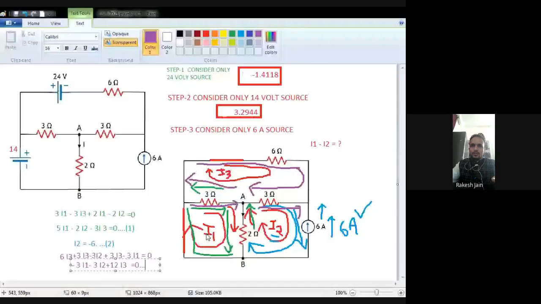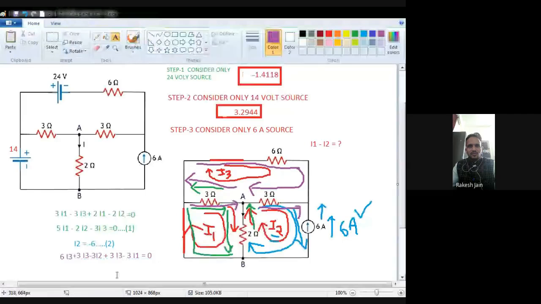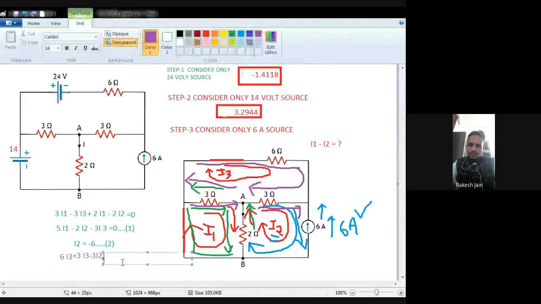Now see equation number second very carefully. What is the second mesh? The second mesh current is the current in this mesh, which I just showed you with blue color.